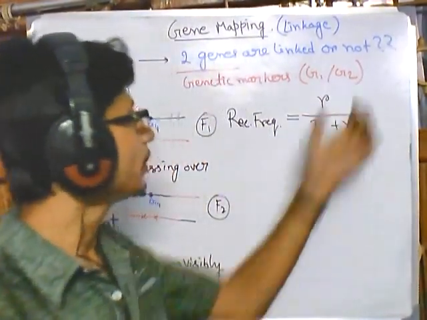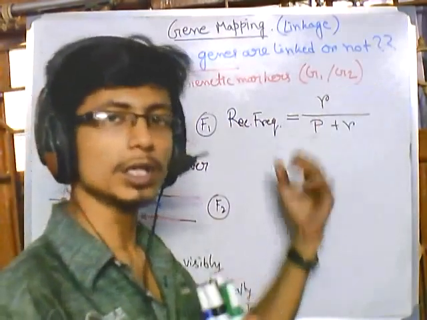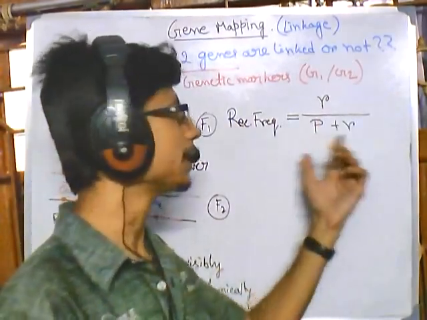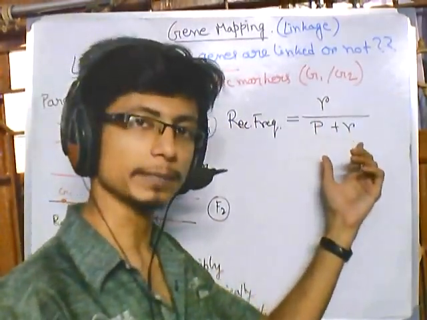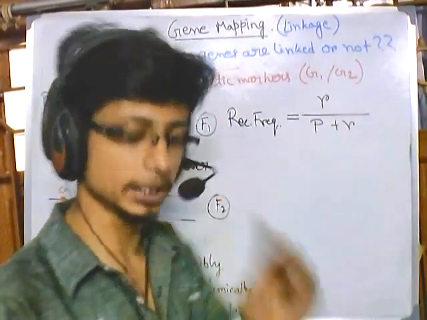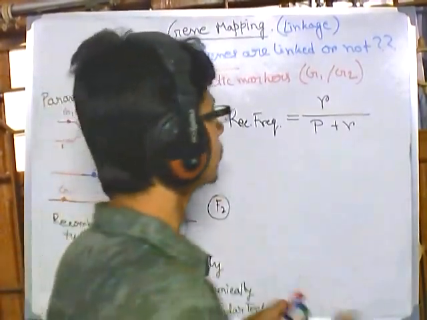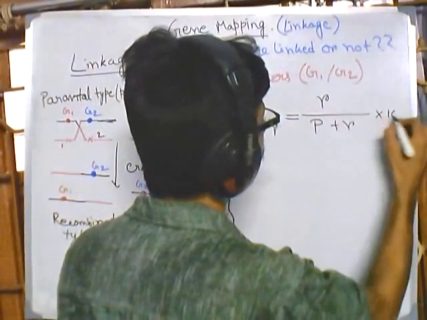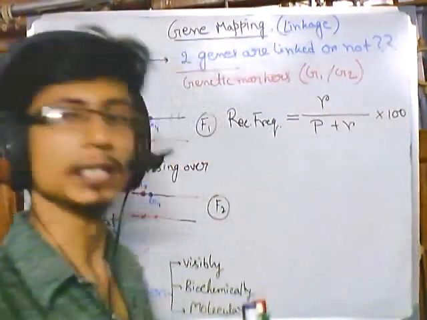So recombinant type among the total number of organisms, the parental type as well as recombinant type in the same generation. And if we are going to make it a percentage value, we must multiply it by 100.